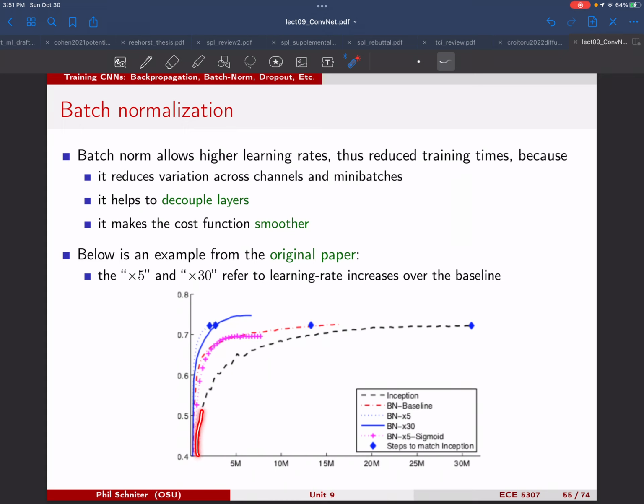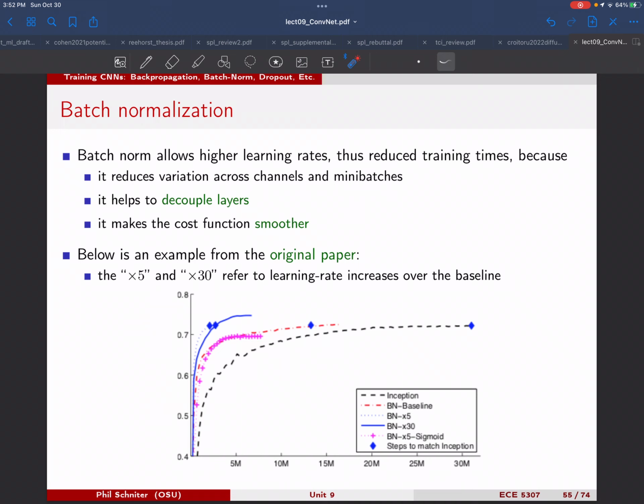This is just the reference trace that has no batch norm, just the network without batch norm. All these diamonds are at the same height. It looks like these are higher, but that's just an optical illusion. These are all the same height, so that's the same level of accuracy. This is like 75% accurate, I believe.